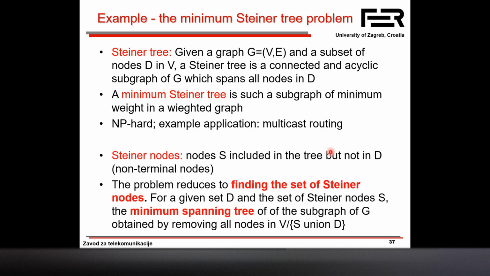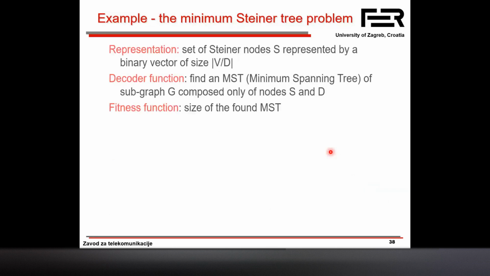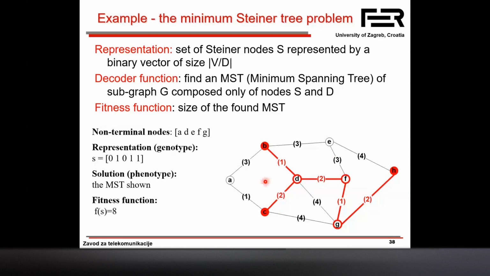So we have a set of nodes. So the Steiner nodes are the nodes that are included in the tree but are not the terminal nodes. So let me look at this example here. These are my terminal nodes. So I'm given a graph like this. B, C, and H are my terminal nodes. And my goal is to find a minimum weight graph that connects these nodes.